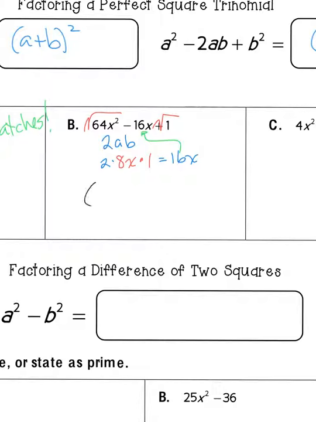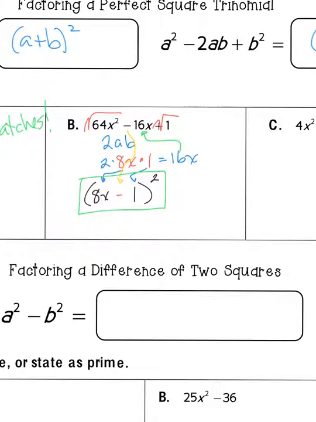So as soon as it matches, you know that this is the pattern. So this is going to go here. This is going to go here. So I've got an 8x here and a 1 here. And then that middle sign right here is going to go down in the middle. So our middle sign is a negative. So this becomes your final answer.